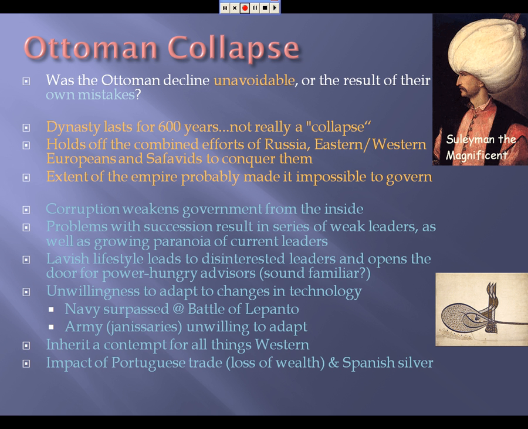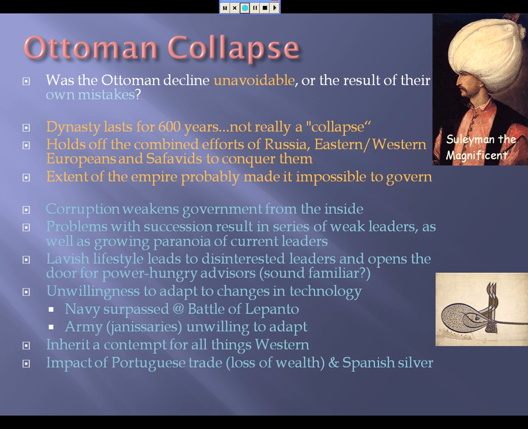Lavish lifestyle, blah, blah, power hungry, blah, blah. All that should be familiar on bullet number 3. You also have a similar mindset like we saw in China, where because the Ottomans eventually became kind of the pinnacle of civilization, they got arrogant and became convinced that they were better than everybody else.